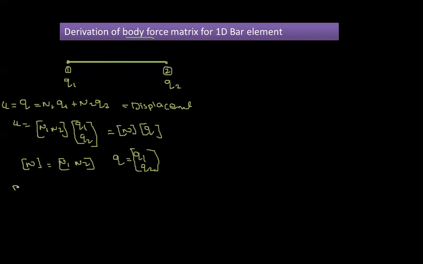The body force term from the potential energy equation can be defined as the integral of u transpose into F into dV. So this would be the body force term from the potential energy.